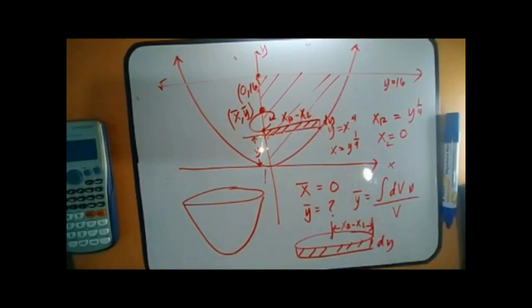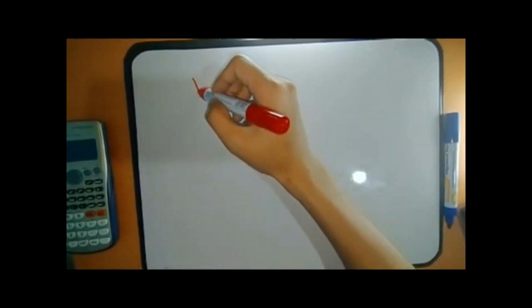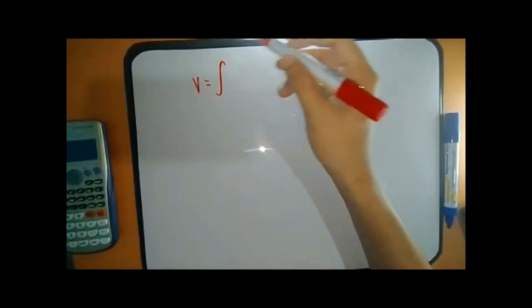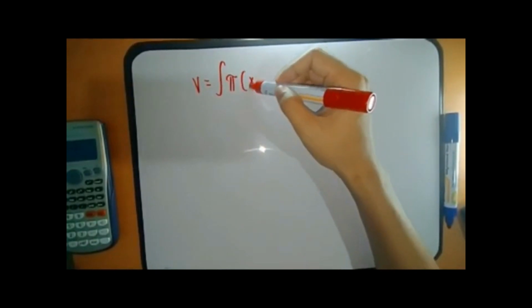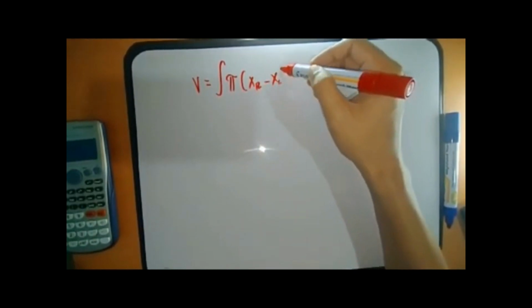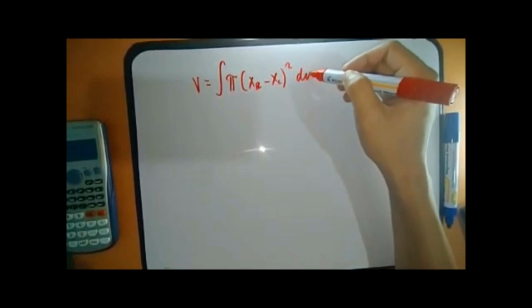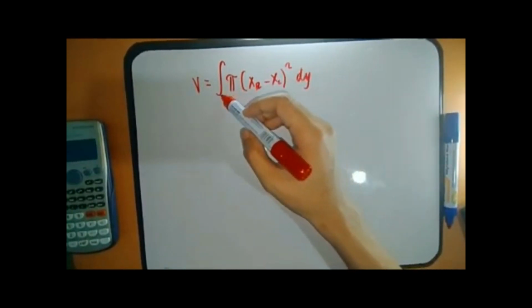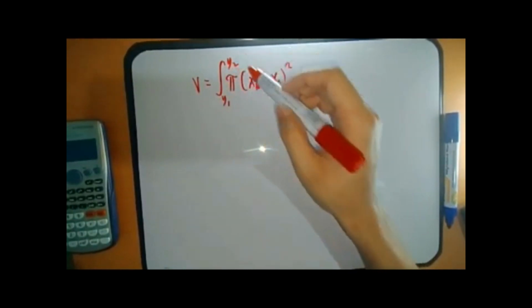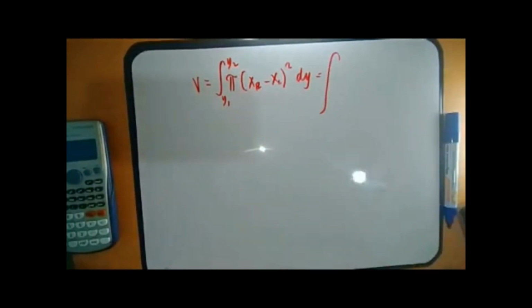So let's get the volume. You have here V that is equal to the integral of pi times (x right minus x left) squared, differential of y, from y1 to y2. Our limits, guys, we get from the graph. So let's take out the pi.